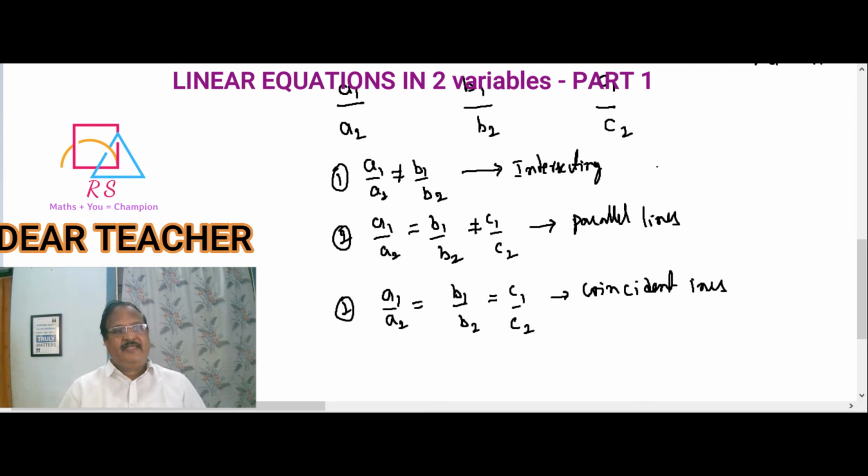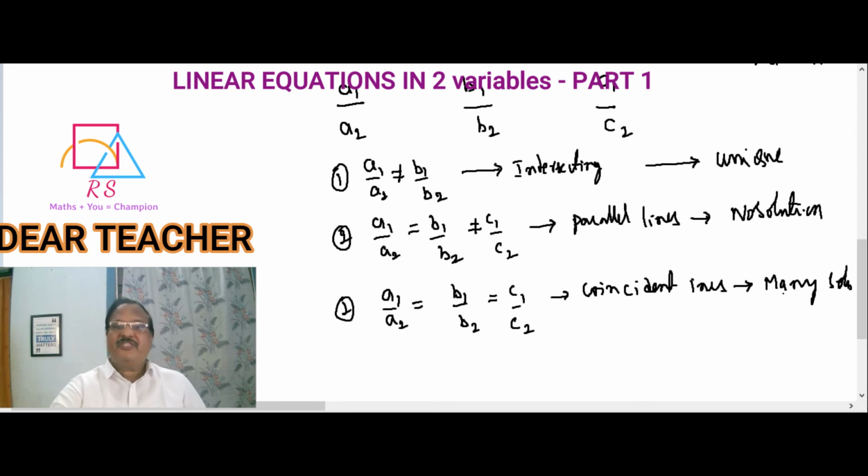In this, only the first case has a unique solution. Unique means there is only one solution. The second case has no solution, because both lines are parallel. And the third case, coincident lines, has many solutions.